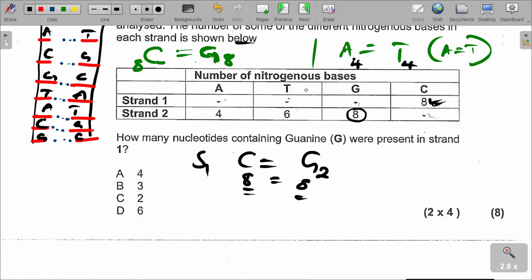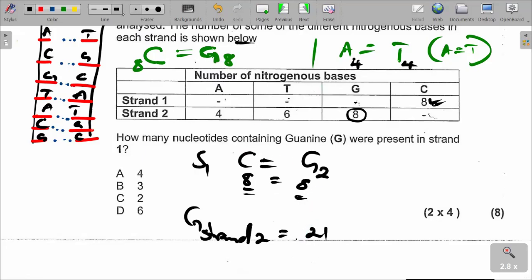So I think this must be calculated as well. G in strand 2 is equal to 21, which is the total number of nitrogen bases, minus the sum of bases that are present.